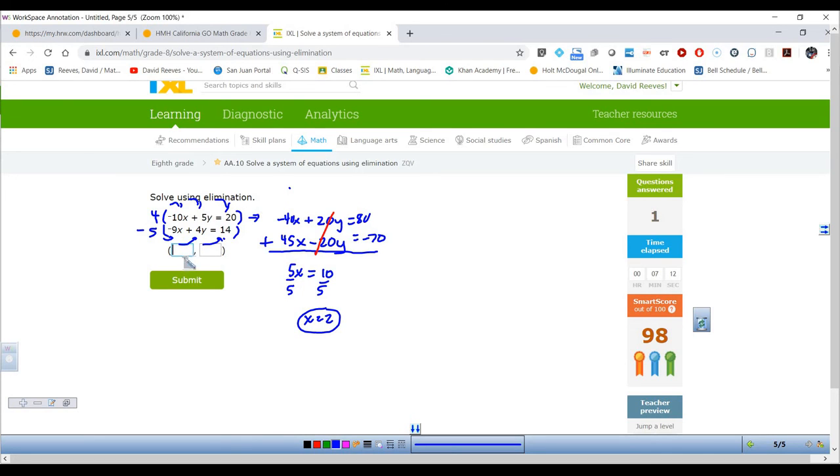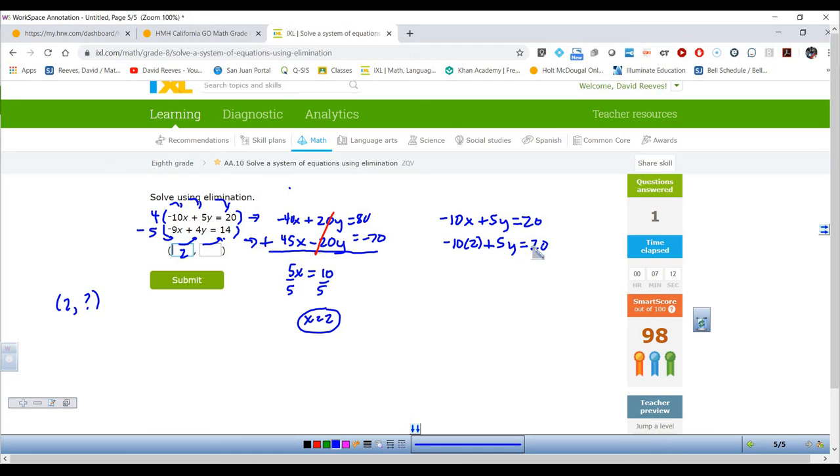All right, so I've got my 2, but the question is, what is y? This is old hat by now, right? You know to go to one of your original equations, negative 10x plus 5y equals 20. When we started this problem, we did not know what x or y are, but we now know that if I put in a value of 2, that's my x value that's going to make both equations true.